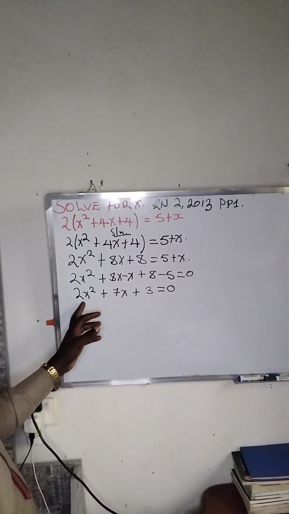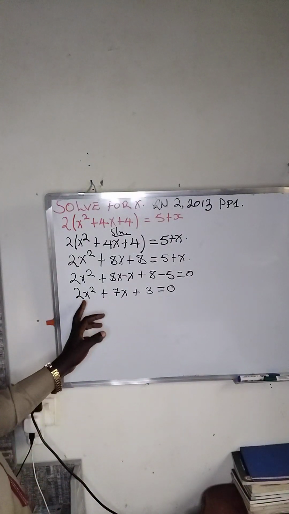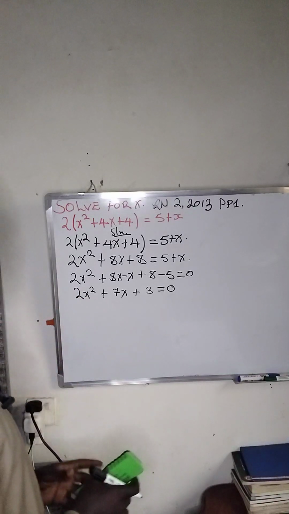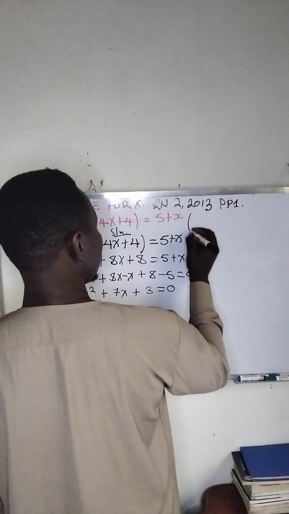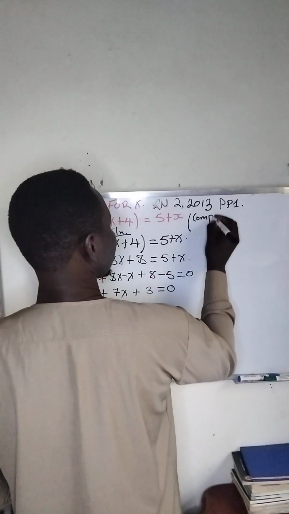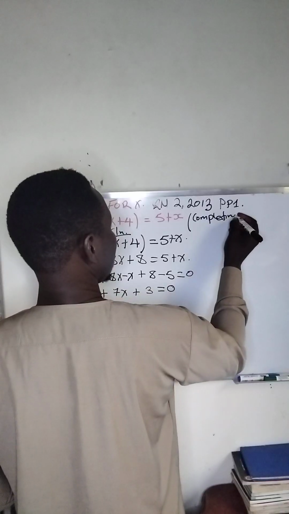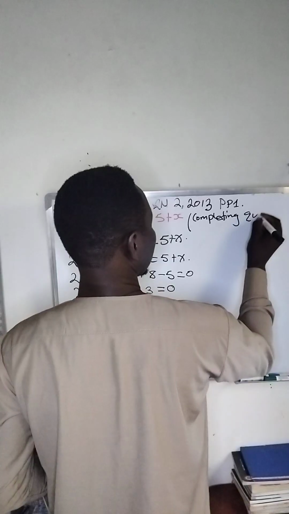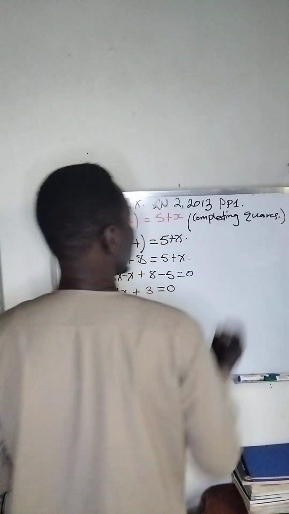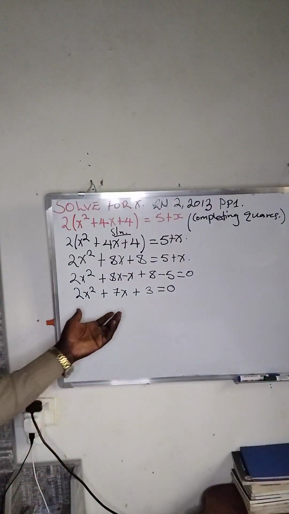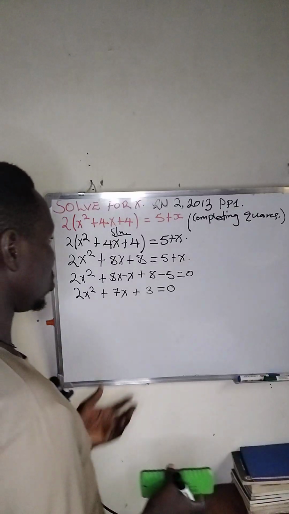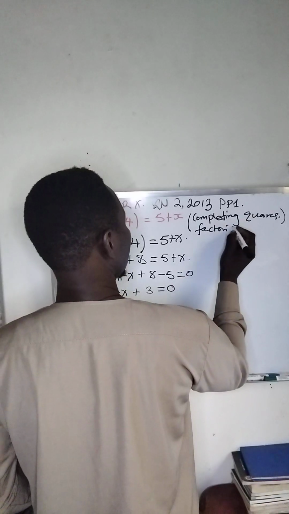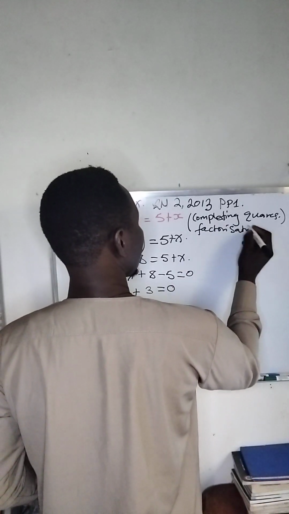Now we have a quadratic equation here. Are you seeing this? When you have such a number, we must decide which method we are going to use. We can use completing the square, or we can also use the factorization method.